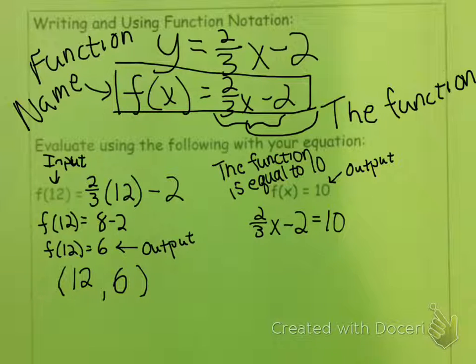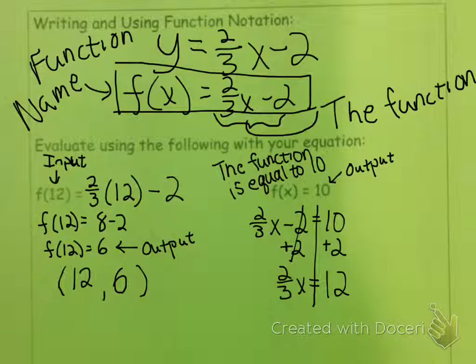My first step in solving for x is to move the 2 to the other side. Negative 2 plus 2 is 0, so that cancels. What you do to one side, you do to the other. Every time I do a step, I rewrite my equation. 10 plus 2 is 12. Now this is kind of weird because I have a fraction.